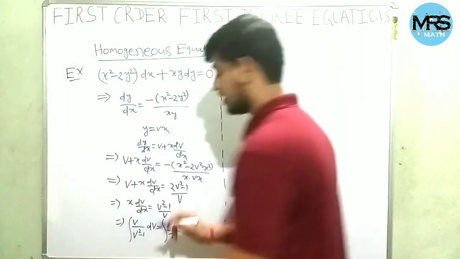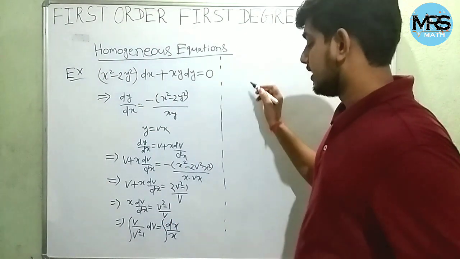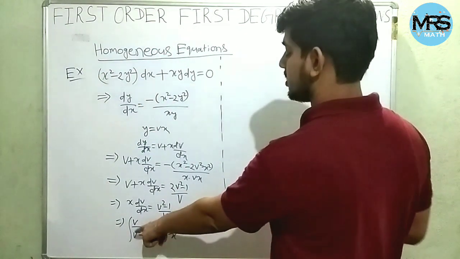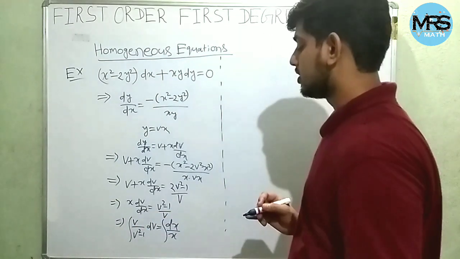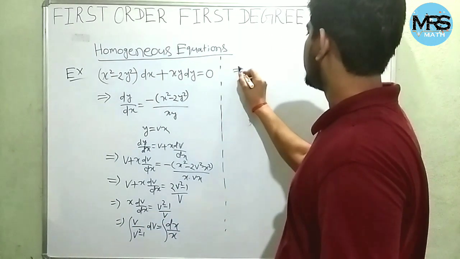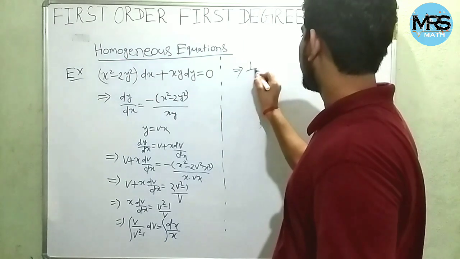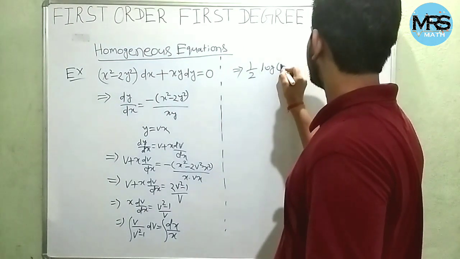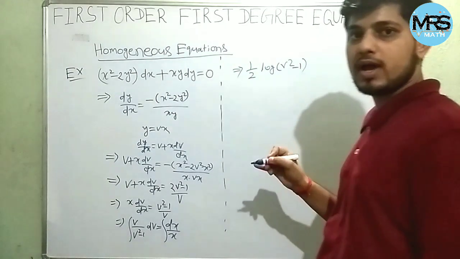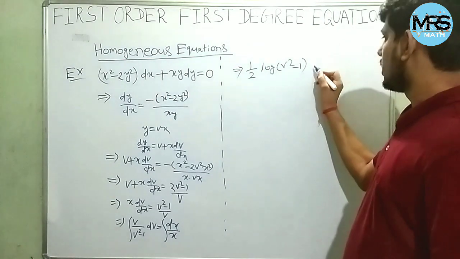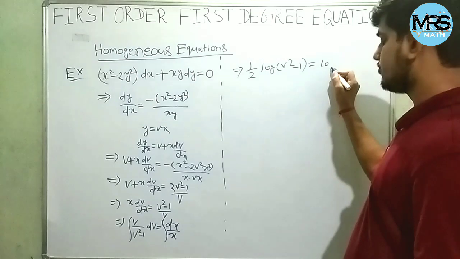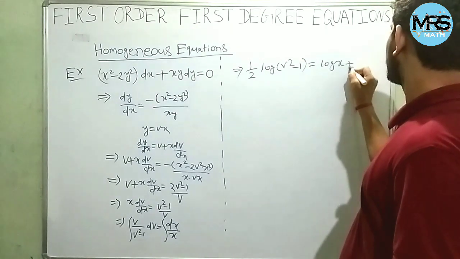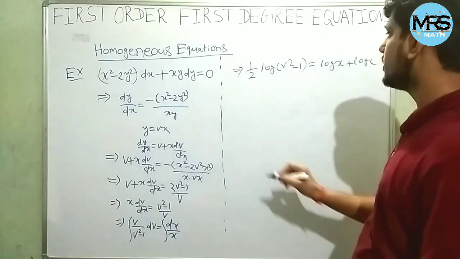So if you will integrate both the sides, what you will get? This, if you will multiply 2 here, then in the denominator 2, then you will get 1 by 2 log of v square minus 1, is it visible? Yes, equal to log of x plus log of c, correct?